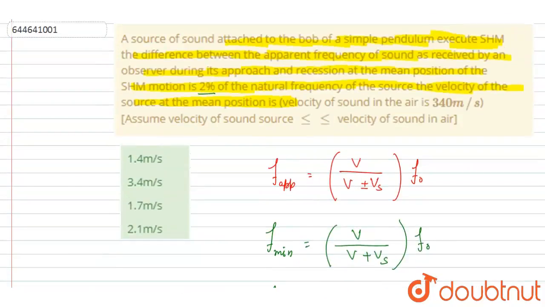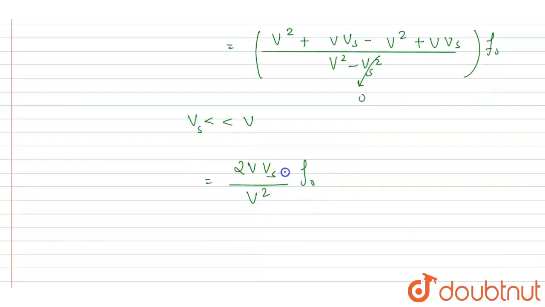So the difference, if you see, is 2% of the natural frequency. So I will write 2% of this f naught. Now you can solve it. This v will get cancelled out, this 2 will also get cancelled out, and this f naught will also get cancelled out.